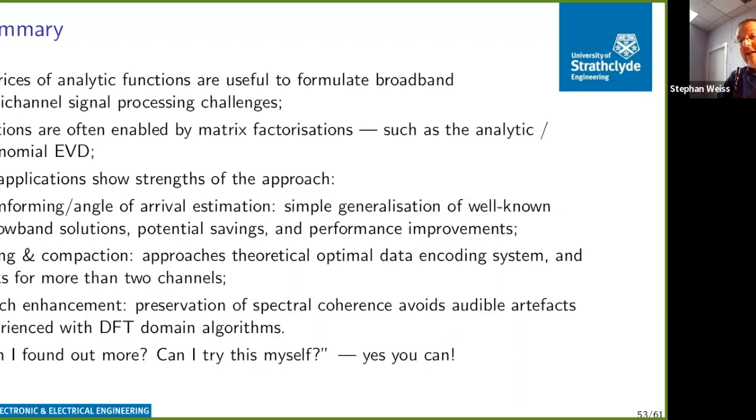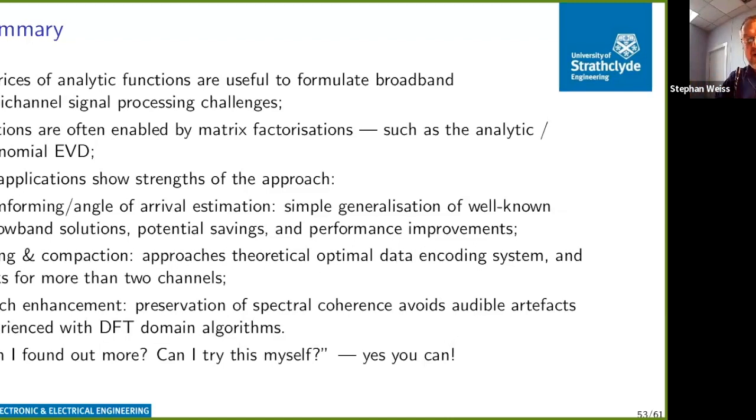And in the area of speech enhancement, where Vincent Neo and Patrick Naylor have done a lot of work, there are some really stunning results. They simply come from the fact that with this function-based approach, we preserve spectral coherence, whereas DFT domain methods, which form the state of the art, create audible artifacts.